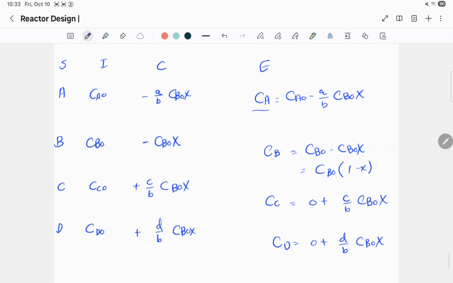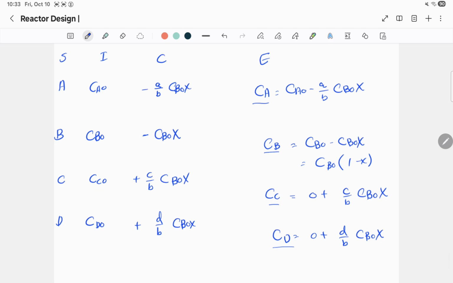Your final concentrations in terms of initial conditions and stoichiometric coefficients.